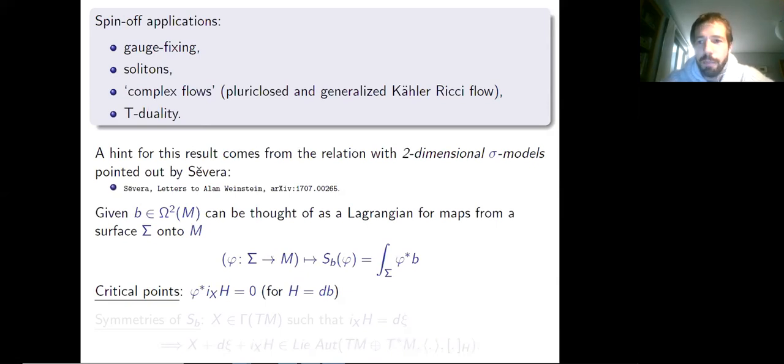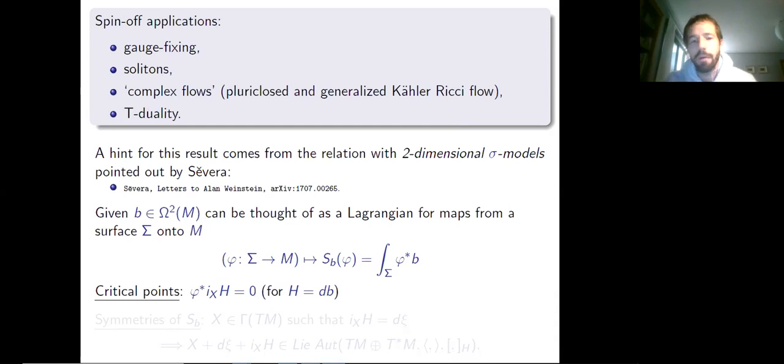And to finish this part, I would like to mention that we find a hint on this result, on why these Courant symmetries are the natural symmetries of generalized Ricci flow, in the work by Severa, where he explains the relation between Courant algebroids and two-dimensional sigma models. So the idea is very roughly the following.